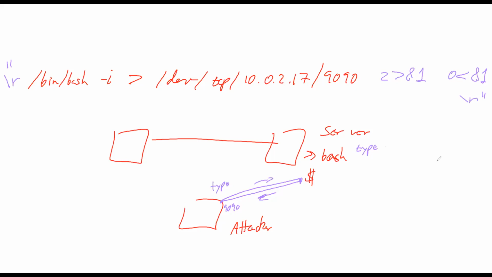I don't want to read it to you, but it explains really well: 2 and 1 are the standard error and standard output of one process, and that allows you to send the data from 1 to the end of the tunnel. And then the 0 and 1 is basically doing the opposite, getting the data from the other end.